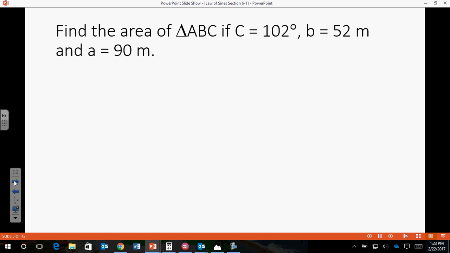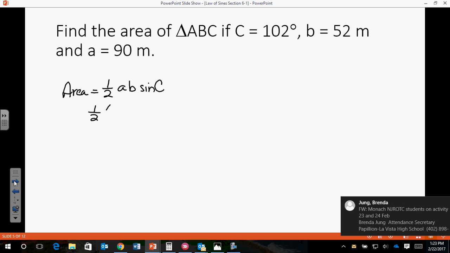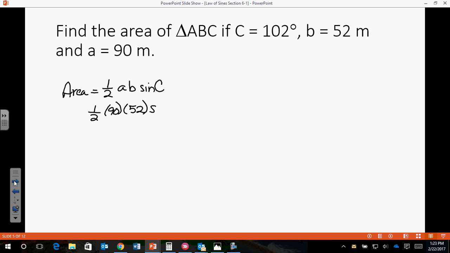So which of those three area formulas are we going to use? Exactly. So we're taking 1/2 of 90 times 52 times the sine of 102.